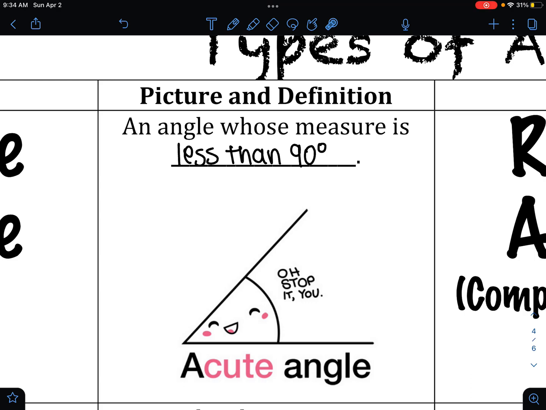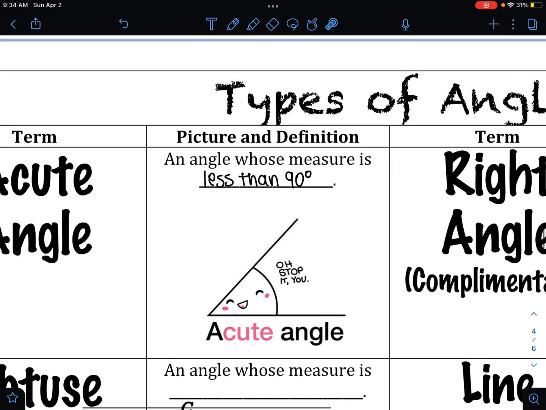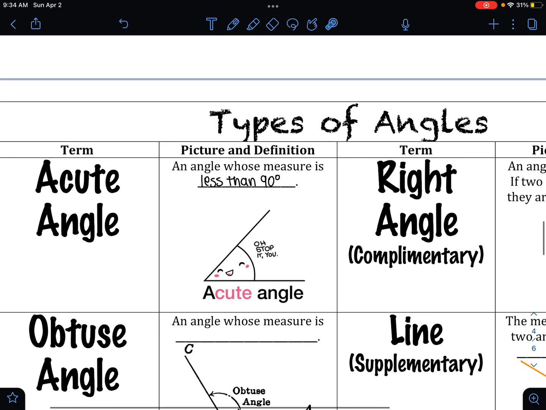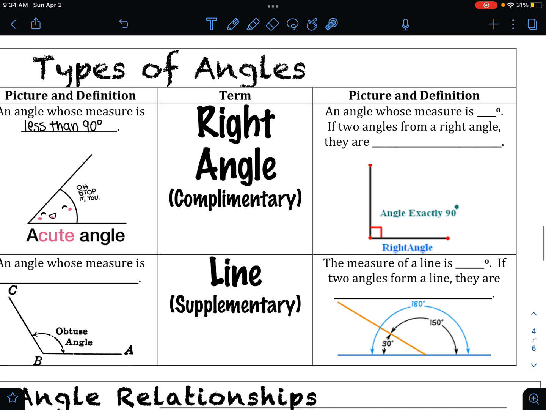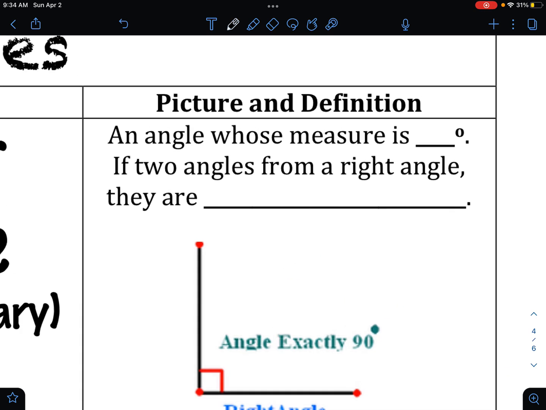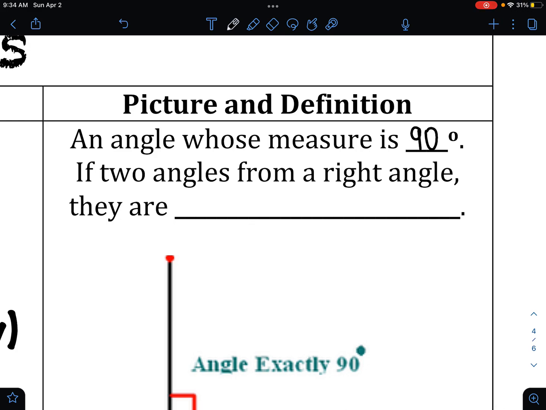So, usually when I say cute, I talk in a little baby voice, and it's so cute. Whatever will help you remember it, that's always what helped me remember it. So yeah, an acute angle is less than 90 degrees. A right angle is an angle whose measure is 90 degrees. Exactly 90, can't be 90.1, can't be 89.9999. It has to be 90 degrees flat.